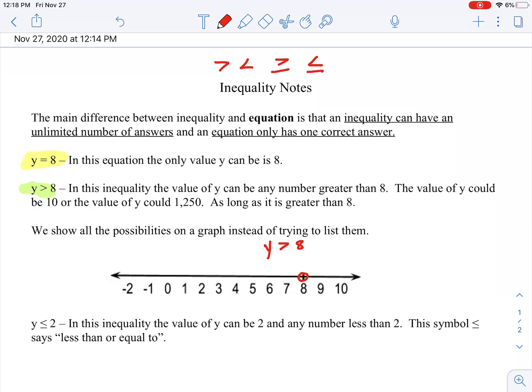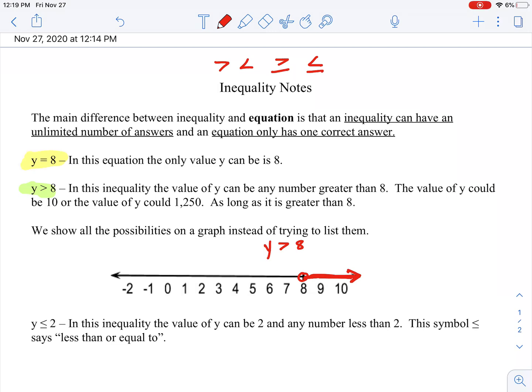It has to be somewhat bigger than 8. So that is why it's an open circle, because that shows it does not include the number 8. And then you darken in the arrow showing that the possibilities go on. It's any number larger than 8.